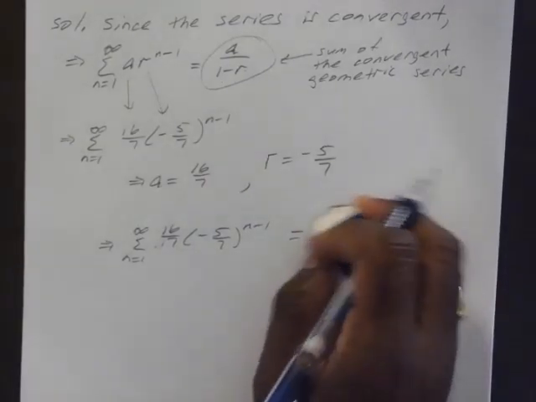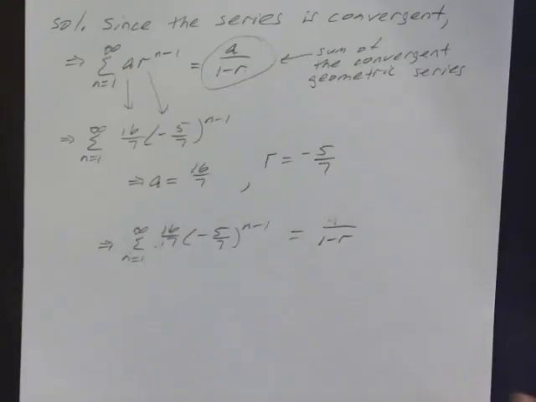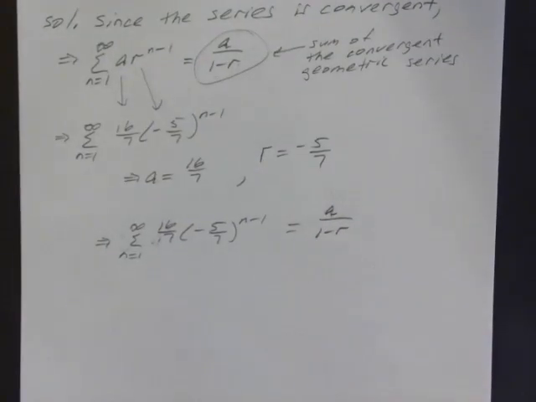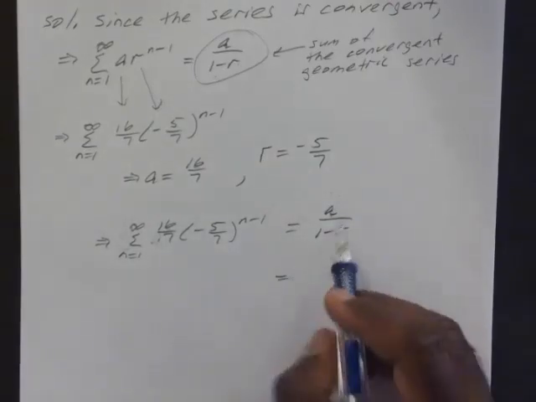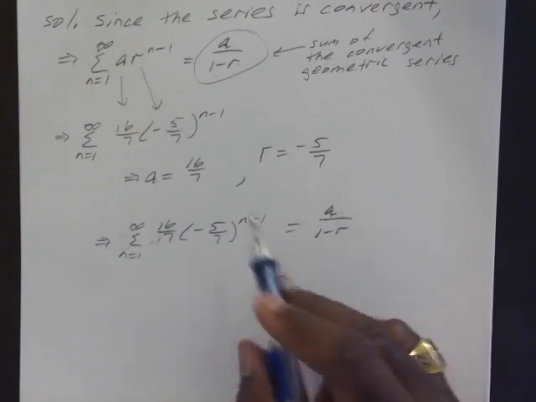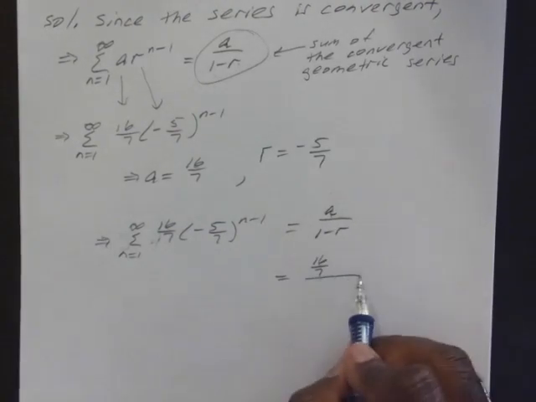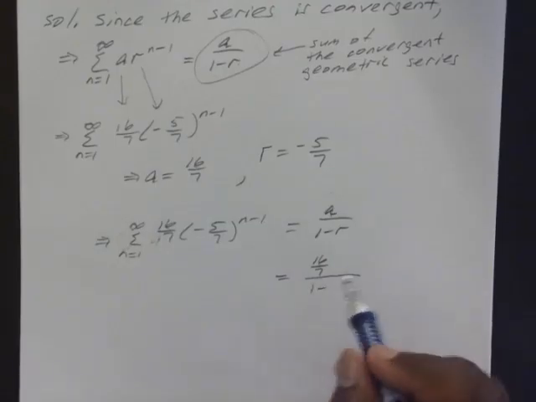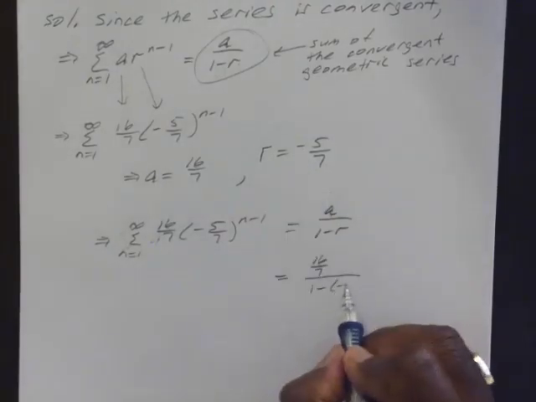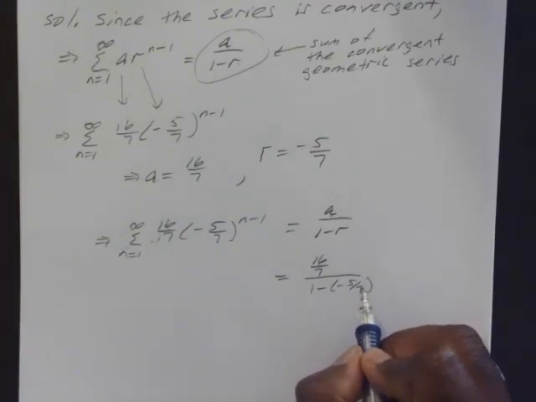That 8 looks a little too much like a 9, let me straighten that up a little. There we go. So if you plug those in, your a is 16 over 7. So it's 16 over 7 divided by 1 minus negative 5 over 7.